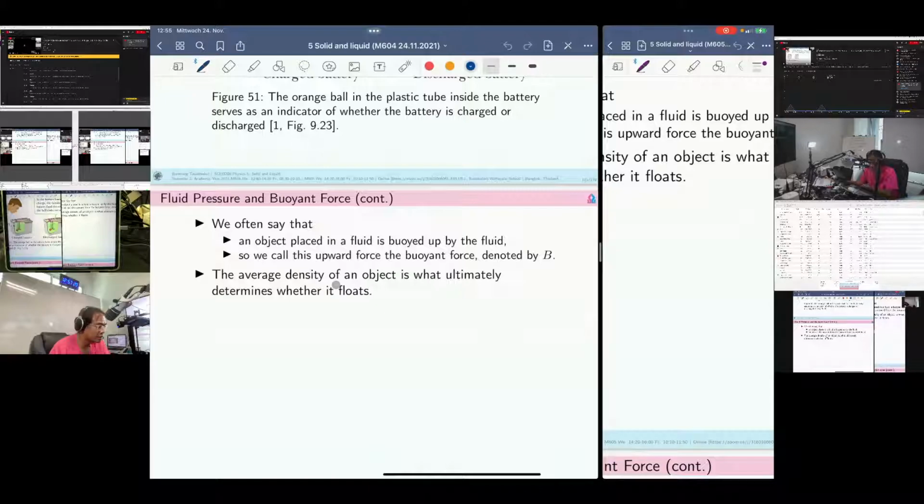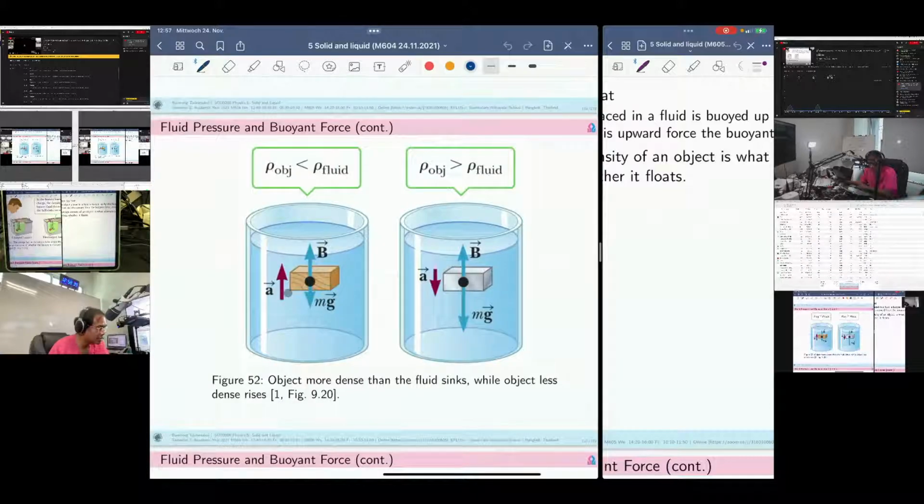If you put it in the middle of the cup like this, and when you lift your hand, when the density of this one is less than the density of the fluid, you can observe the buoyant force, which is denoted by the letter B with the arrow on top.